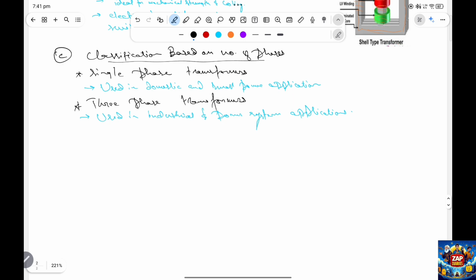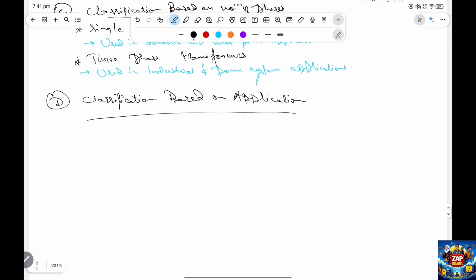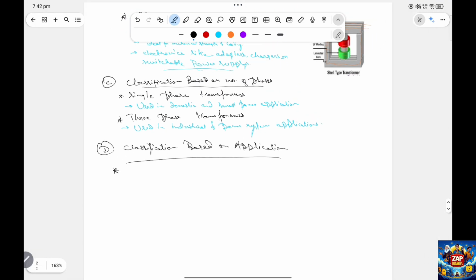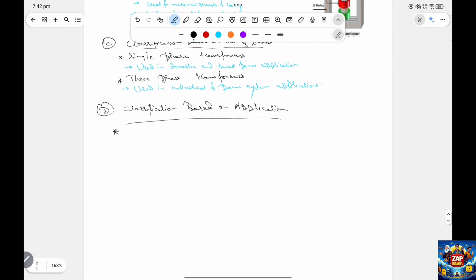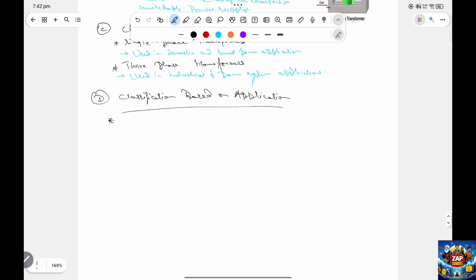Now switching to another classification. It's classification based on application. In this classification, we are differentiating types of transformer by their application.